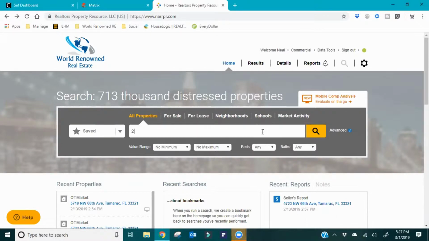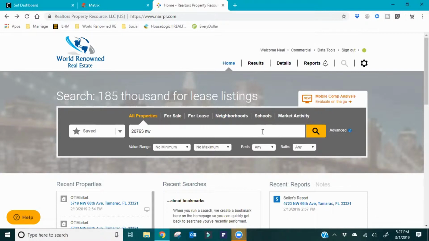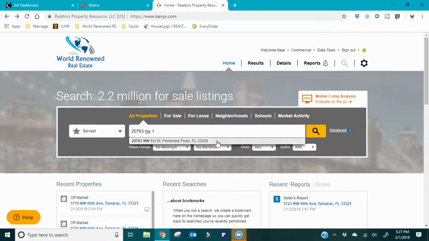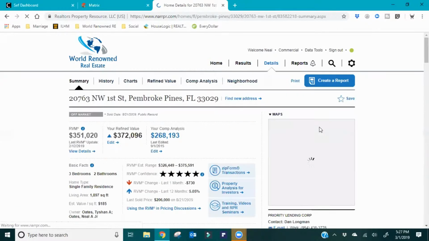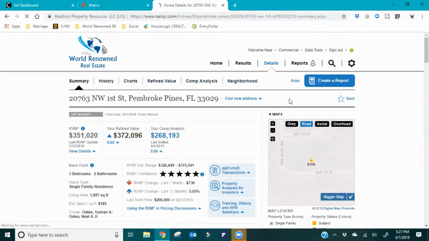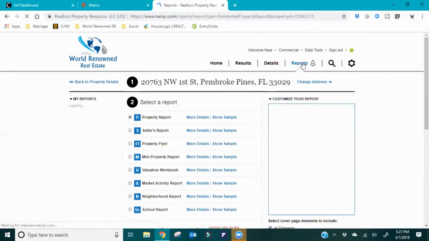So the first thing I'm going to do is type in a property address, as if this is going to be our subject property where I'm going to do the listing presentation. Now, you're probably familiar with how to run reports on a listing or do a CMA.